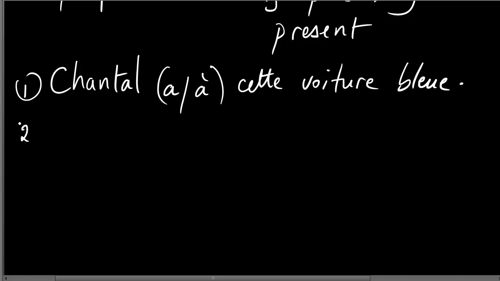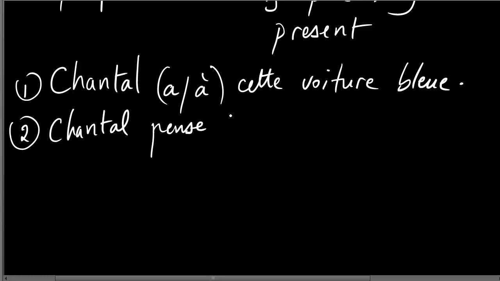And another sentence to illustrate the second case. Let's pick Chantal again. She's quite famous. This time she's thinking about this blue car. So Chantal pense, Chantal is thinking, Chantal pense à, and I'm using the two options, cette voiture bleue.